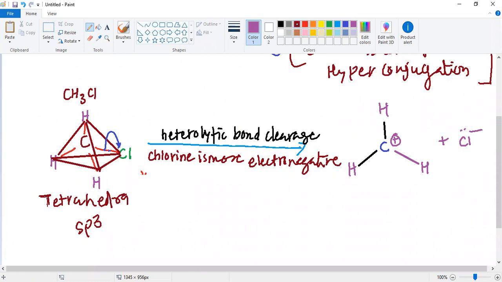Now you can see very easily, dear students, that this is a triangular planar structure.